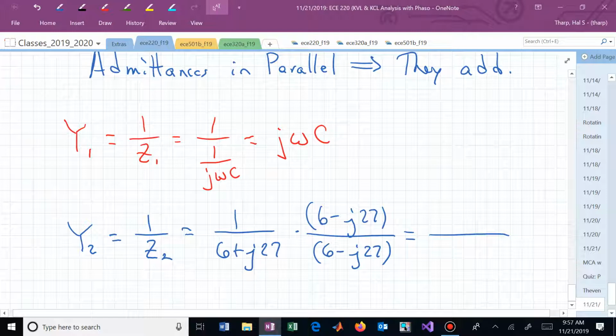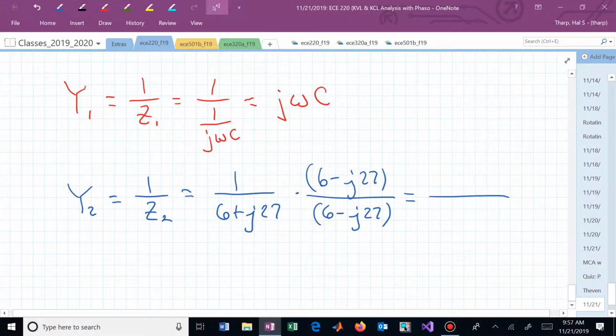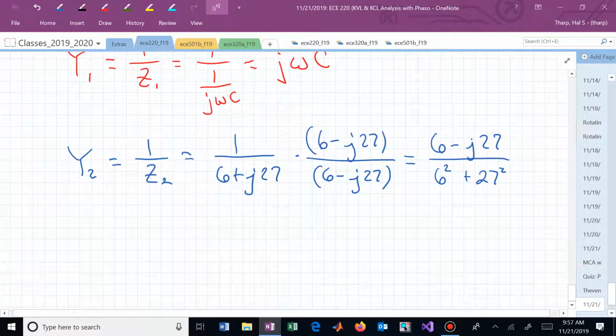We now just have first, which is 6, and the last, and we square those. And upstairs we still have 6 minus J 27. Now we simply have to divide those two parts. This is a pretty good sized number. This is 765. So we divide 6 by 765 and we get a pretty small value.